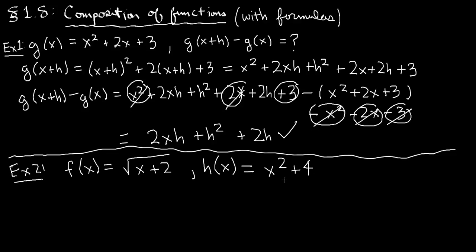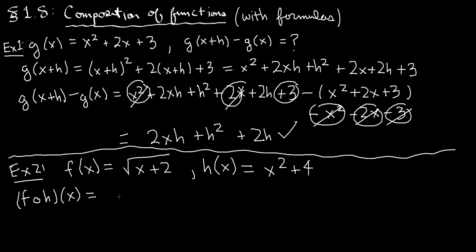Okay, so let's do f composed with h. Remember, what does that mean? That means take x, plug it into h first, then take the result of that, which is just h of x, and plug that into f.